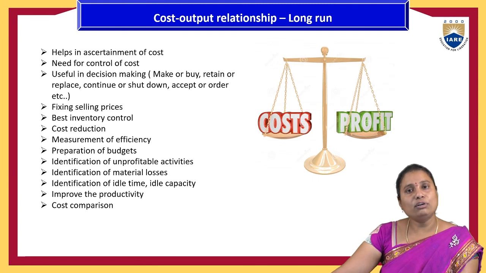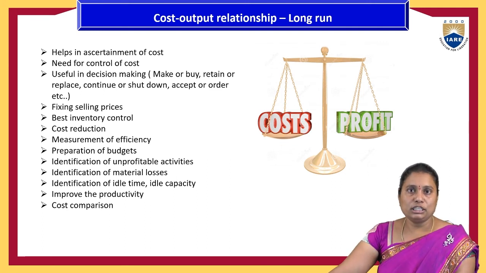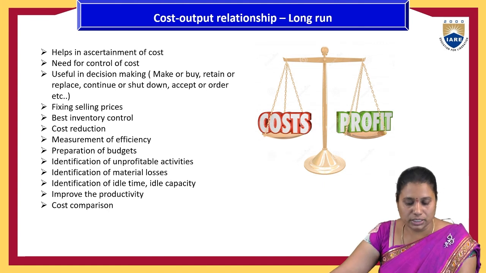And measurement of efficiency, that is whether with less cost they are able to produce the maximum products, or whether they are spending high costs, can easily be estimated with the help of this cost relation.